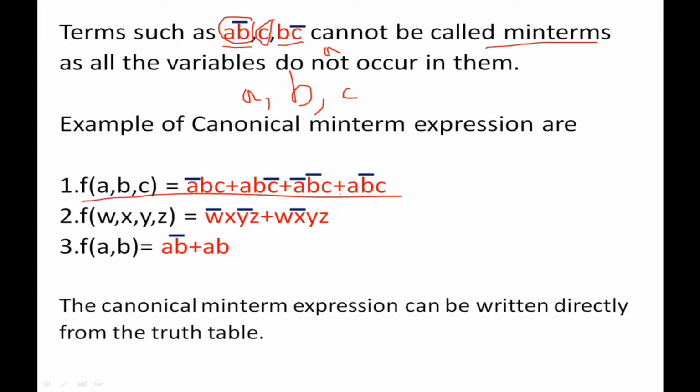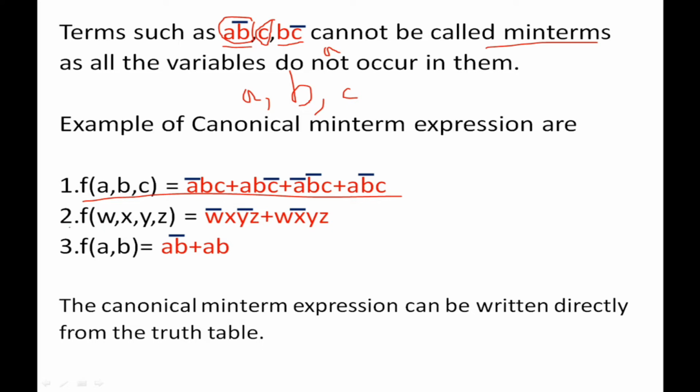All three variables a, b, c are present in either complemented or uncomplemented form. So the terms a bar b c, a b c bar, a bar b bar c and a b bar c are called the min terms for the given Boolean function of a, b, c.